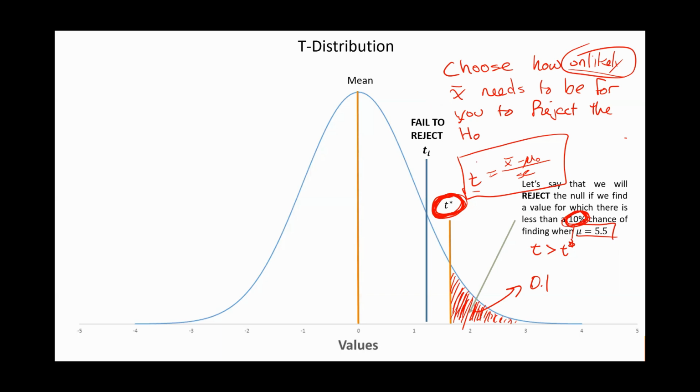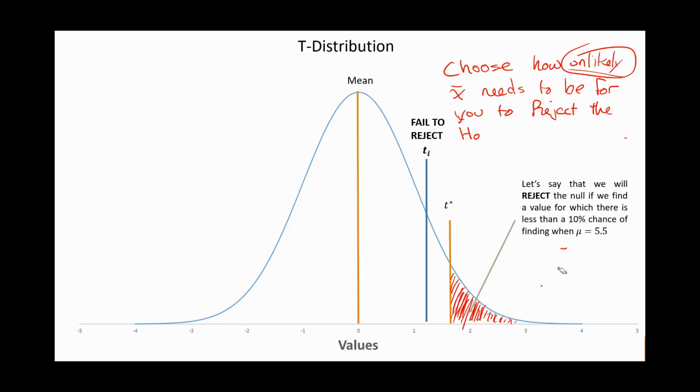If we chose 10% and our t-statistic was here, we would fail to reject. But if our t-statistic was here, we would reject.